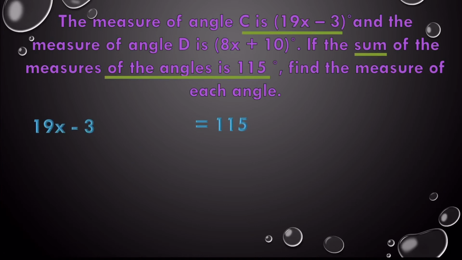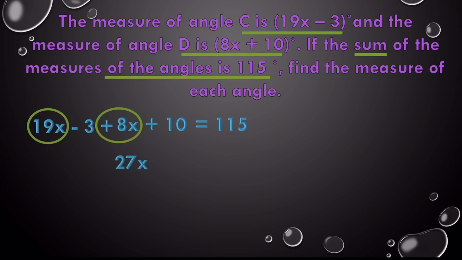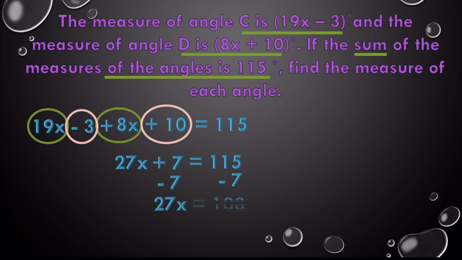Here's C plus D. This is where solving equations is super important, because you're going to have to do that now. First I combine like terms and get 27x, and then negative 3 and 10 gives me 7. I do my inverse operations and get 27x equals 108. Divide by 27 on both sides so that x equals 4.